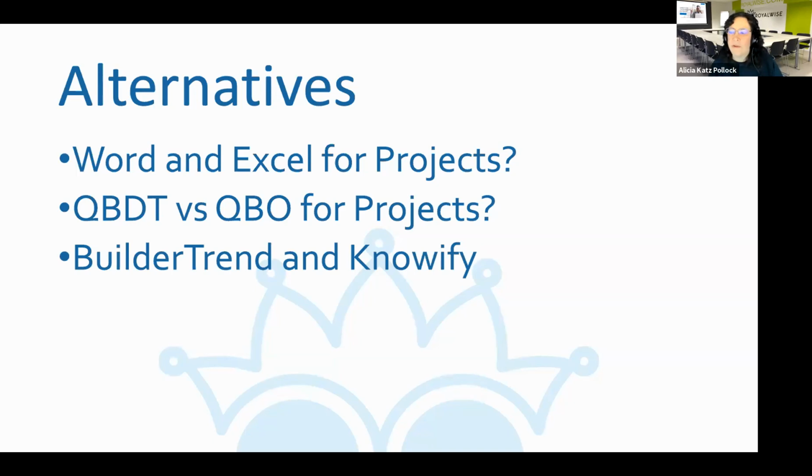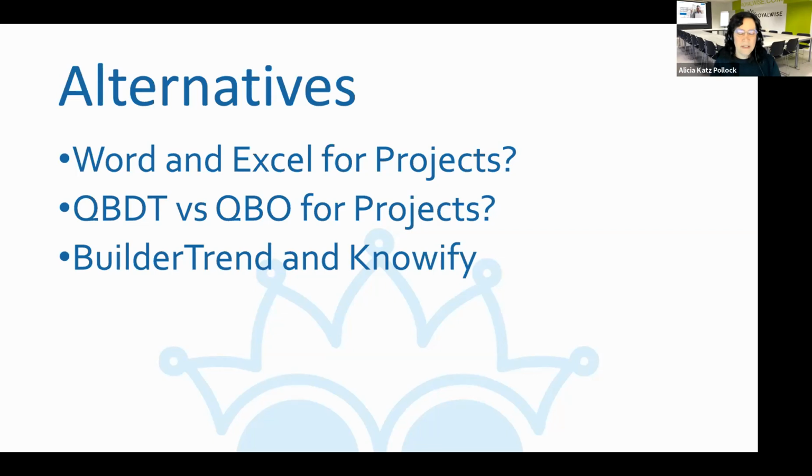While we're waiting for the poll, we have a question in: what's the advantage of using Knowify with QBO instead of QBO alone? What programs like Knowify or Buildertrend add is the actual project management itself, whether it's allocating your resources like your staff and your materials, or doing some more intricate construction management, like you buy a pallet of wood that's going to be used across several different projects, and being able to allocate those resources for larger job costing.